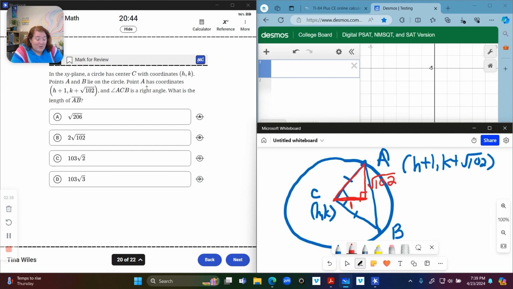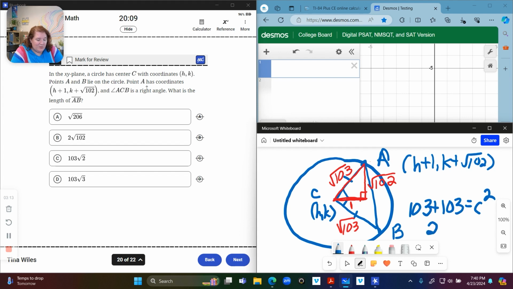Now I have a right triangle here, and I can use the Pythagorean theorem. 1 squared plus the square root of 102 squared is going to give me the square root of 103. That means this is also the square root of 103. And now I can use the Pythagorean theorem with the larger blue triangle to do the square root of 103 squared plus the square root of 103 squared equals c squared.